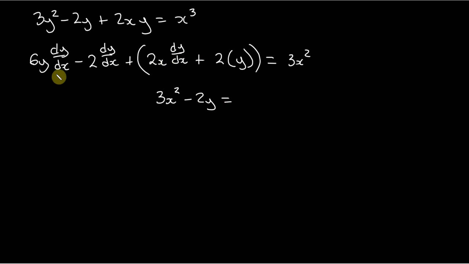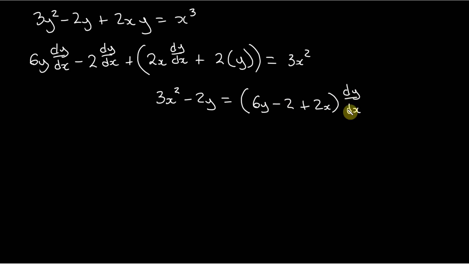And if we factor out our dy by dx, we get 6y minus 2 plus 2x times dy by dx, and you always put dy by dx at the rear. It's always what I do, at least.